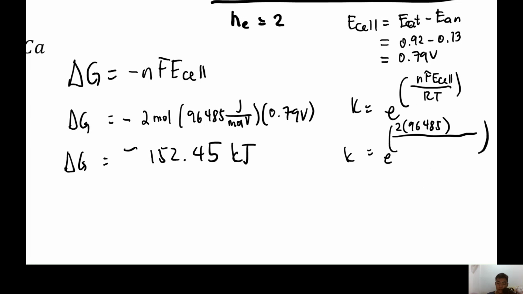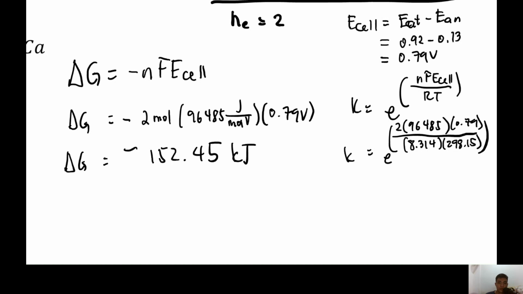I'm not going to write the units because they will all cancel out eventually. The E cell is 0.79, and then we have R and then the T. If not stated, that's 25 degrees Celsius.